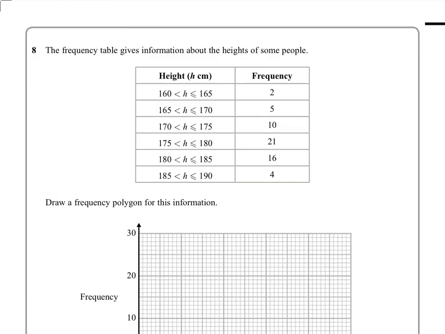Now it says the frequency table gives information about the heights of some people, and we've got to draw a frequency polygon. Now poly means many, and gon, G-O-N, is really for points. So it means many points. So when you've got, say, 4 points, you can make a quadrilateral.